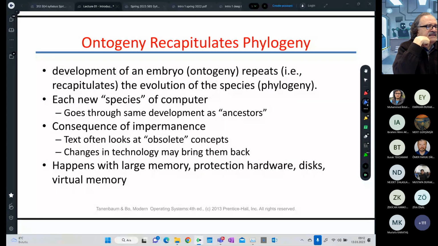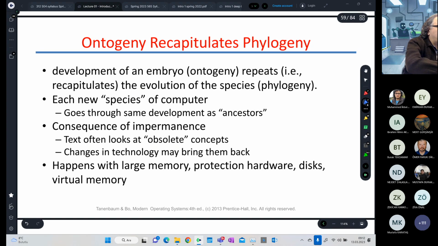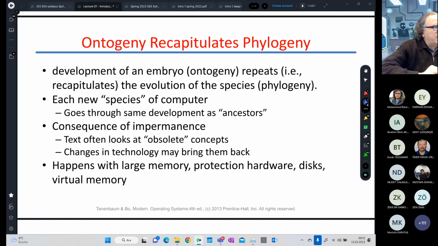It says that it is directly taken from biology: the development of an embryo, ontogeny, repeats the evolution of the species. So what does that mean? For us computer scientists, we say that each new computer type or each new operating system type goes through the same development as its ancestors.